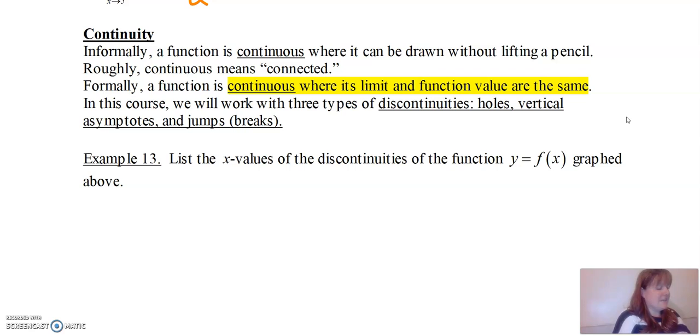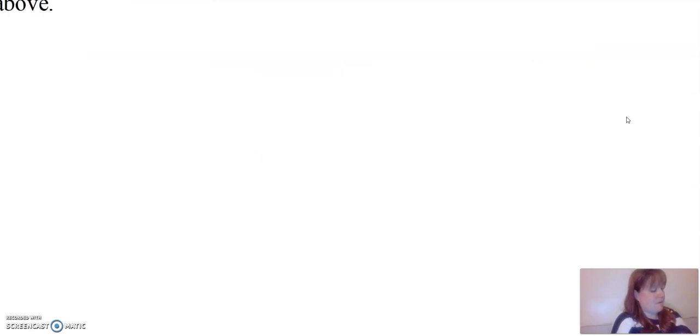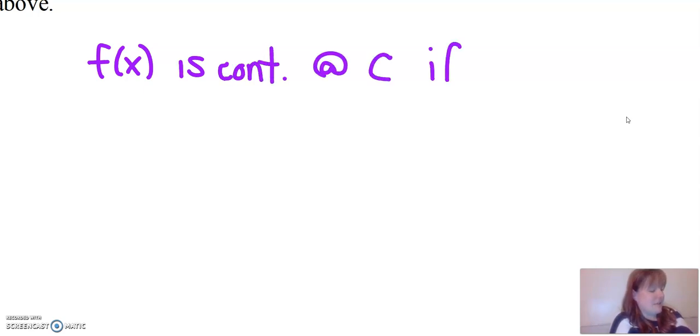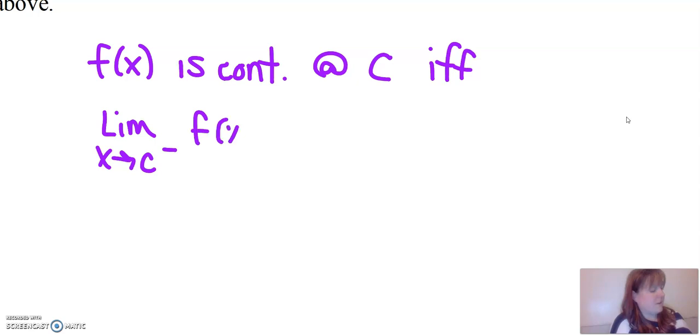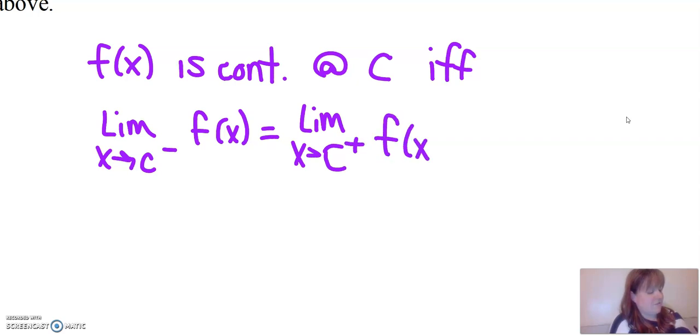So the idea is a function is continuous at c if and only if the limit as x approaches c from the left of f of x equals the limit as x approaches c from the right of f of x, and it also equals f of c.